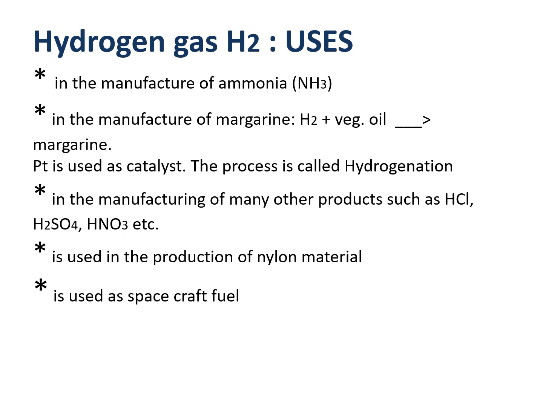Hydrogen gas is also used in the manufacture of other compounds such as HCl, H2SO4, HNO3, etc. H2 is also used in the production of nylon material, and hydrogen gas is also used as spacecraft fuel.